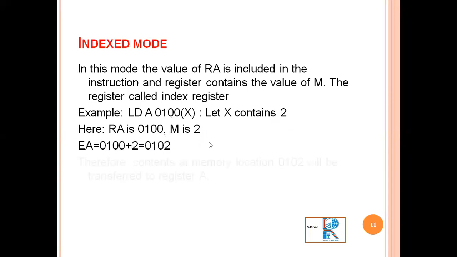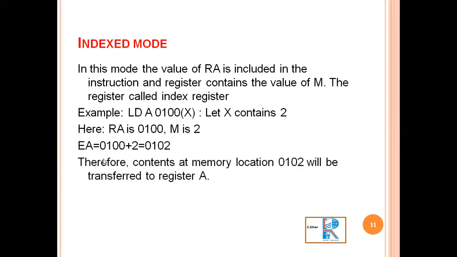So what will be the effective address? We know the effective address is the reference address plus the modifier. That means 0100 plus 2, so 0102. This is the actual address of the memory where the particular data is stored, and using that load instruction, the data will be transferred from that address, that means 0102, to the register A.